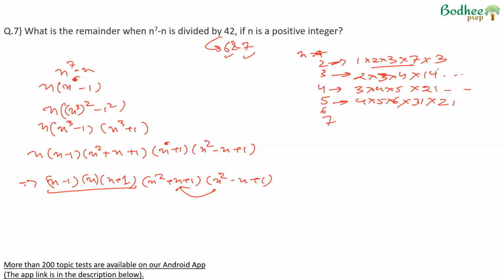I think we made a mistake here. For 3, 3 square is 9, 9 plus 3 is 12, plus 1 is 13. And 3 square is 9, 9 minus 3 is 6, plus 1 is 7. Now it is okay. This is the value for 3, this is the value for 4, 5.